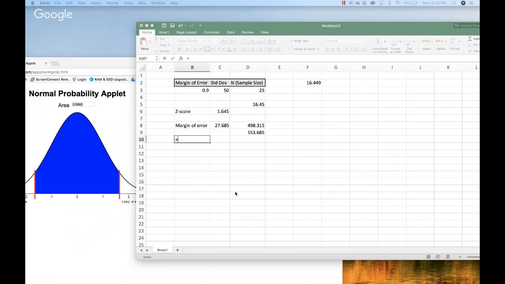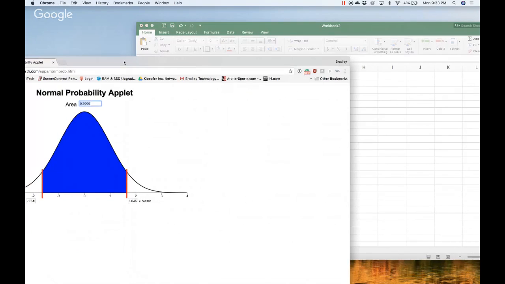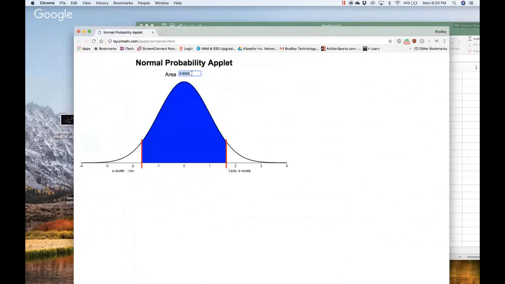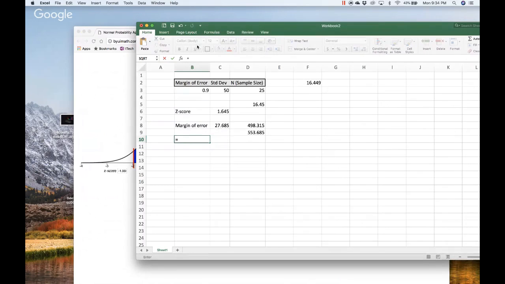So that's where we need the applet again, right? Okay, so I have the applet. Oh wait, the 95%, that was just 1.96, right? Yes. One thing that's good with this one is that those are fixed.